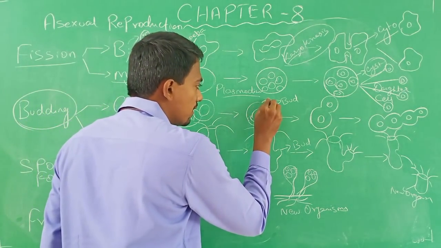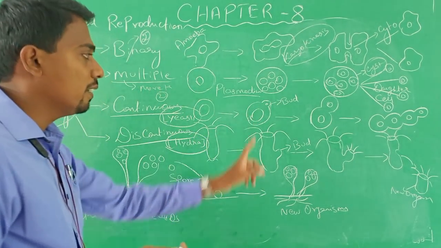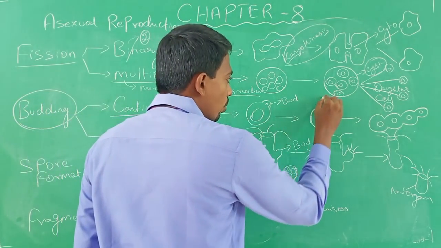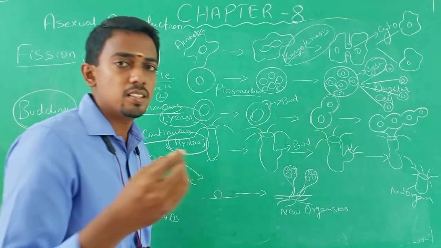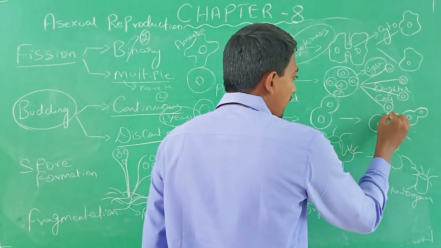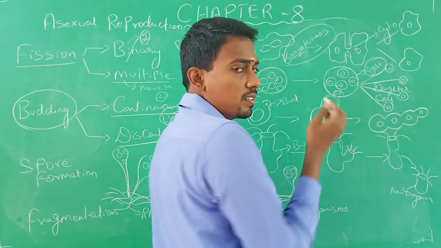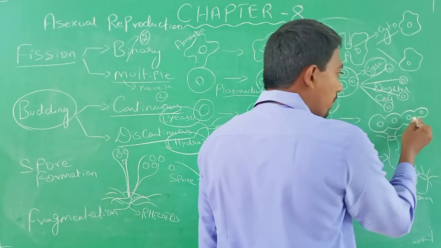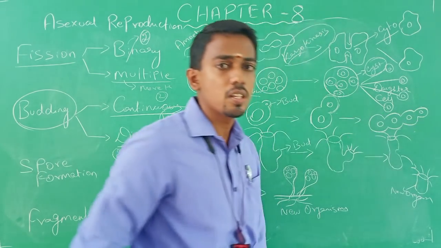Now what you see here is a small bud that develops on the surface of the yeast, and this bud keeps growing and reaches a considerable size of maturity. Once it has matured, it starts making one more bud and keeps growing like a chain.